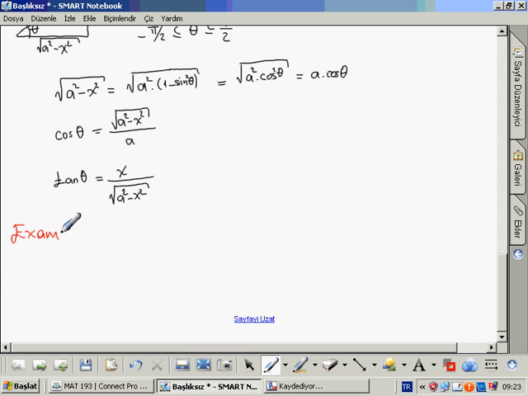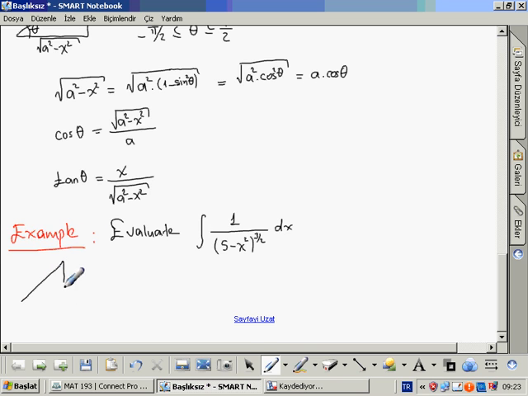Example: evaluate the integral of 1 over 5 minus x square to the power of 3 over 2 dx.